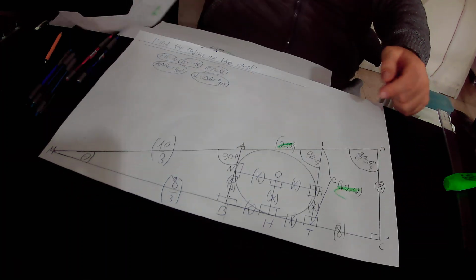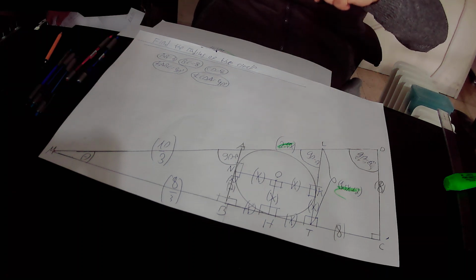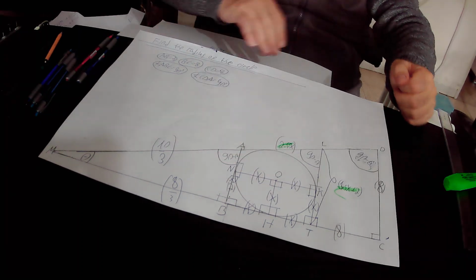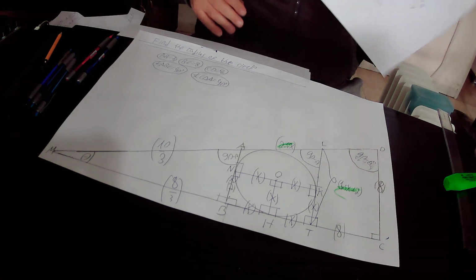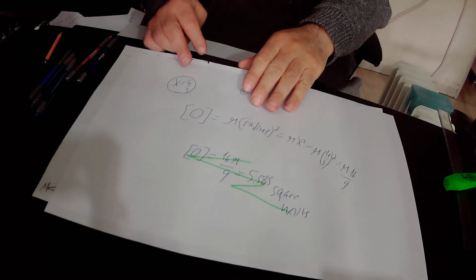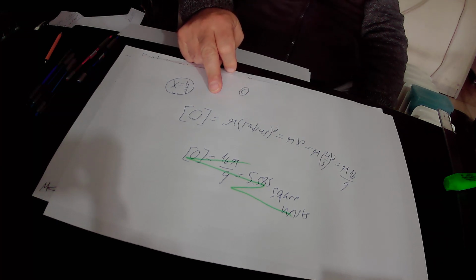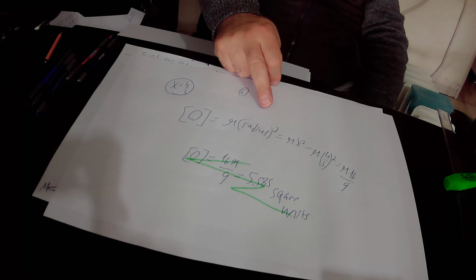Here, the radius x of this circle equals 4 over 3 units in length. Now the mission is to find the area of this circle. The area of any circle is pi times the radius squared.